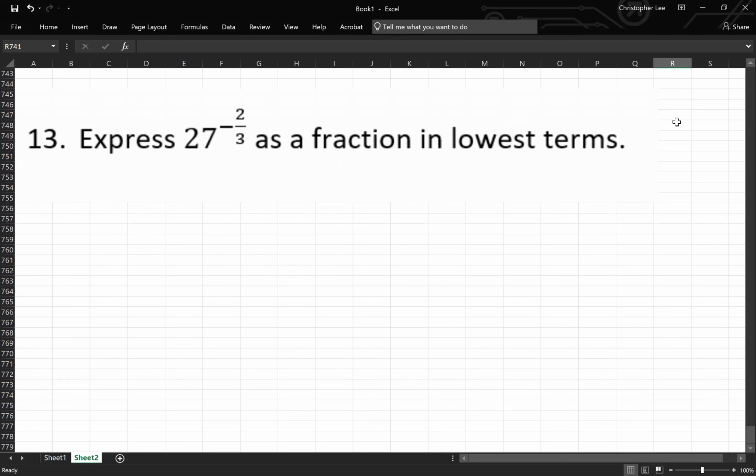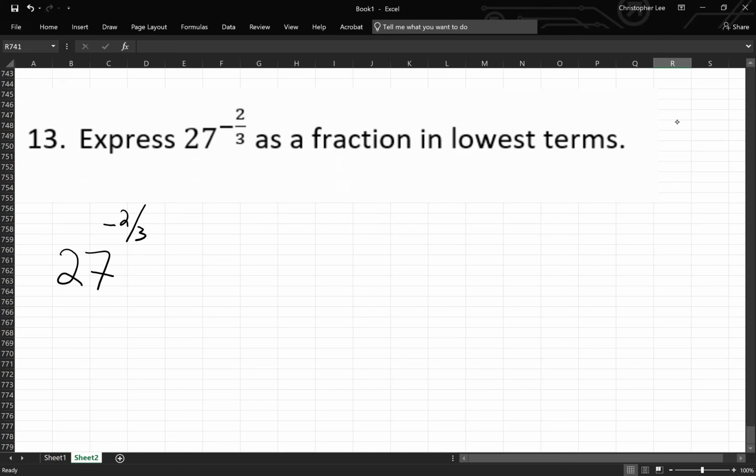So I got 27 to the negative 2 over 3. I want to write this answer out, basically simplify the expression. So first things first, anytime I raise a base to a negative power, it drops down into the denominator and becomes positive.